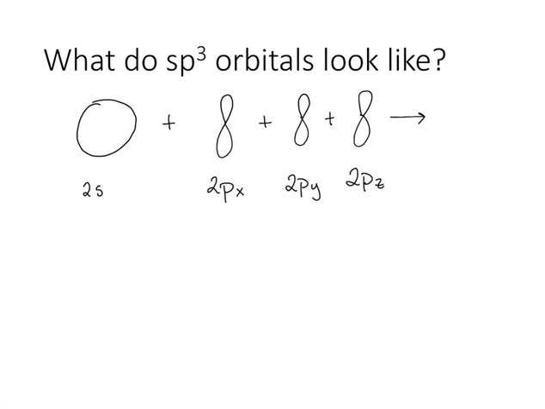Now, if we combine all 4 of those, we're going to end up with something that kind of looks like a p orbital, except it also has some s orbital characteristics. So this is our sp3 hybrid orbital. 75% of this is going to have p orbital characteristics, and 25% it will have s orbital characteristics.